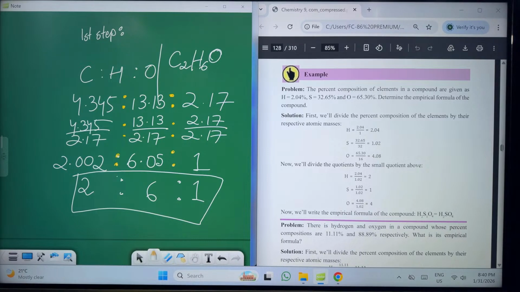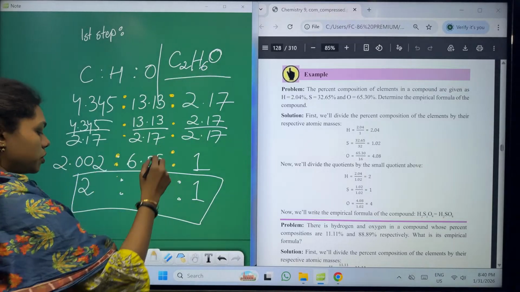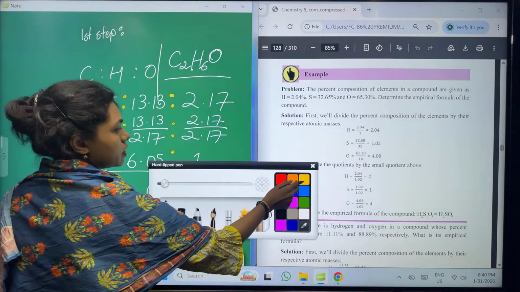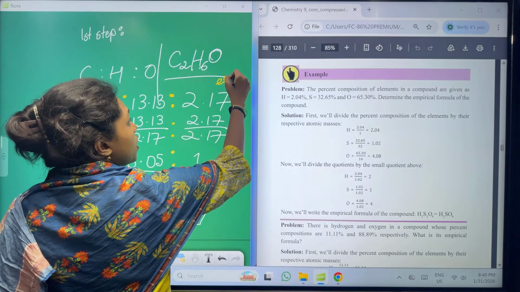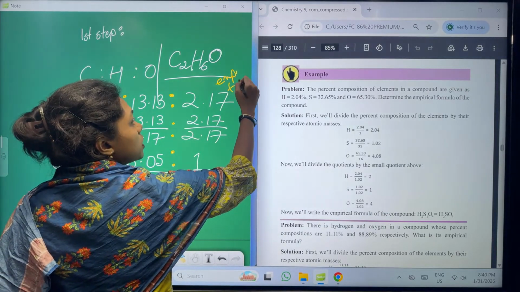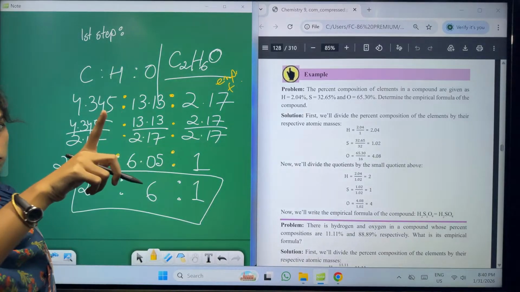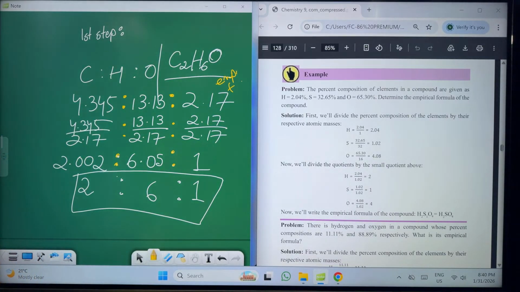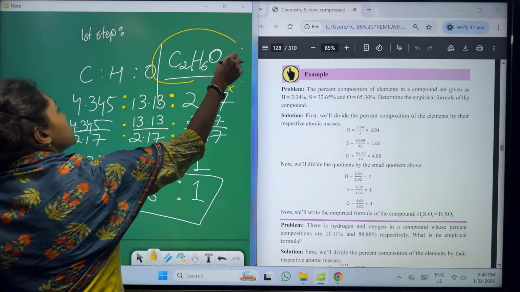No number will automatically mean 1. And this is my required empirical formula. This is the answer to question number 1.